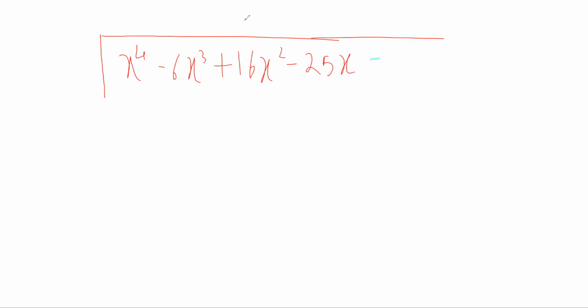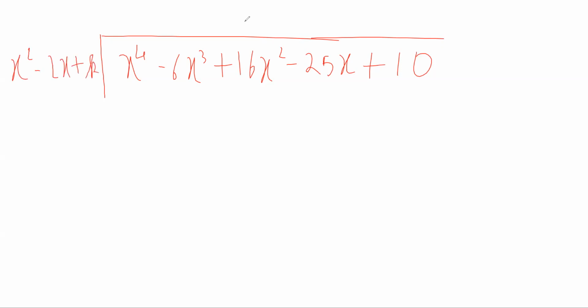If you try solving this question, you might make some mistake somewhere. If you had solved it, that's very good. If not, see the solution which I'm giving you. The divisor is x square minus 2x plus k.